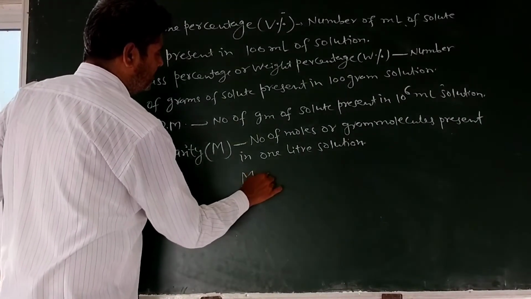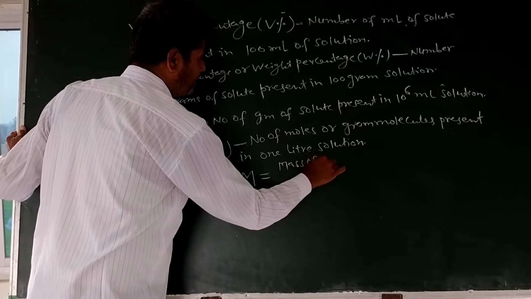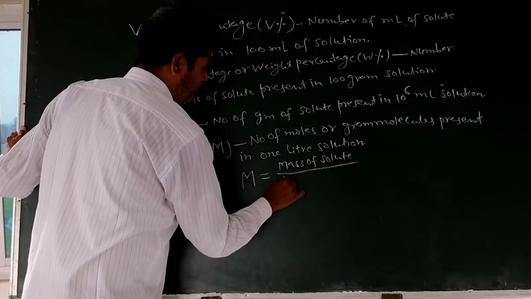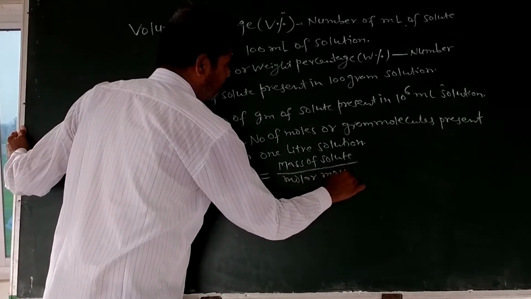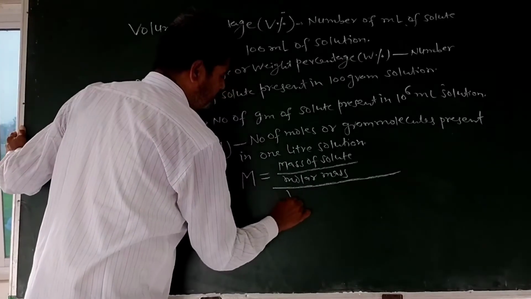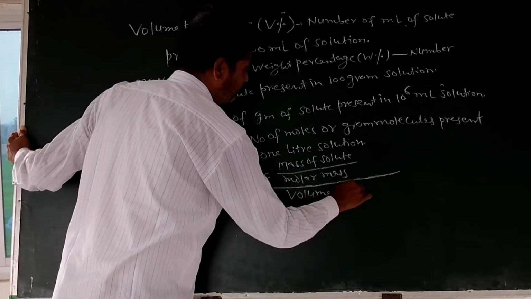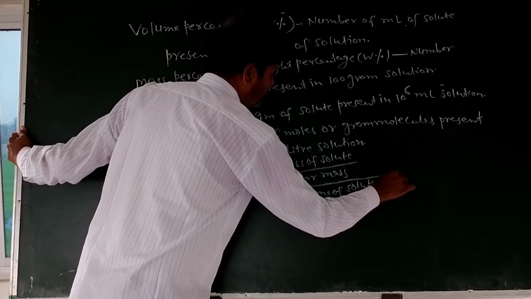Capital M is equal to mass of solute upon molar mass, whole upon volume of solution in liters.